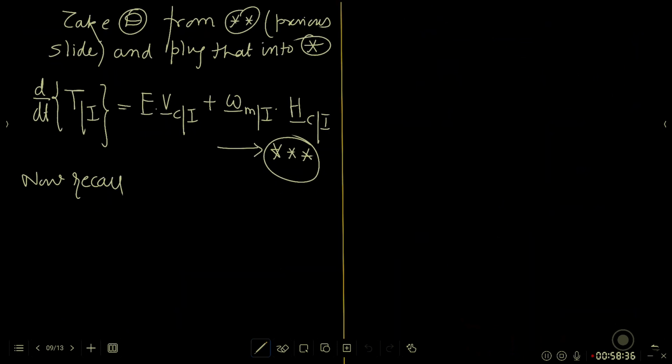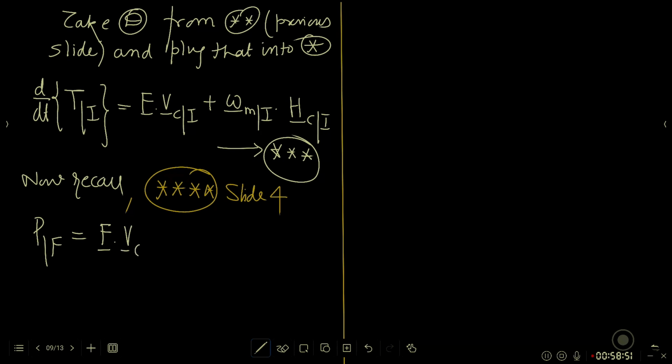I get PI equals net force dot VCI plus omega Mi dotted with MC. But Euler's second axiom, in fact MESA, modified Euler's second axiom about center of mass, what does it give us?